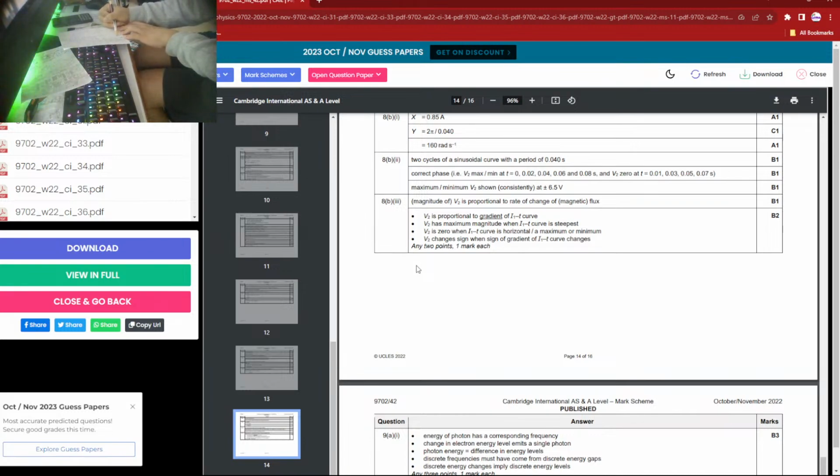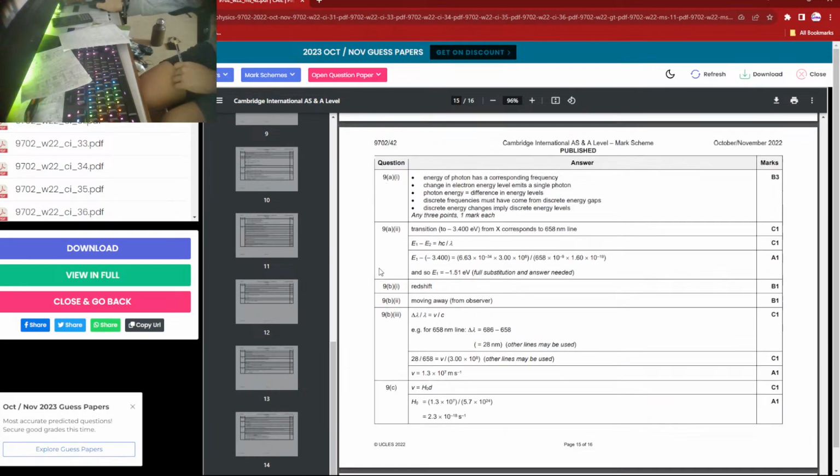Okay, V2 has maximum when steep. V2 has minimum, 0, when no change in magnetic flux. Okay, next one.